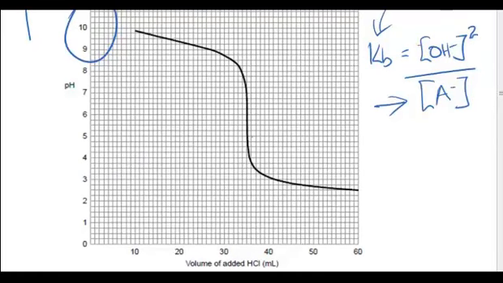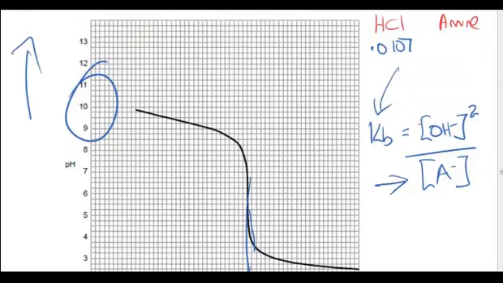If you come down from here and read that correctly, you'll find that 35 mLs of acid is required. So we know the volume of acid is 35 mLs, and we're told we've got 25 mLs of base.